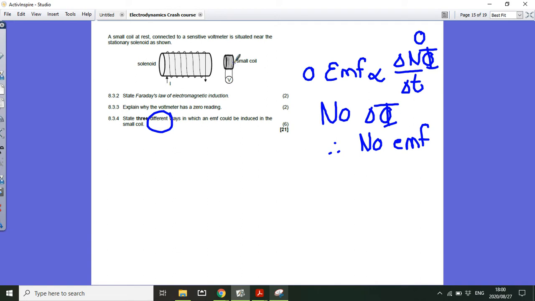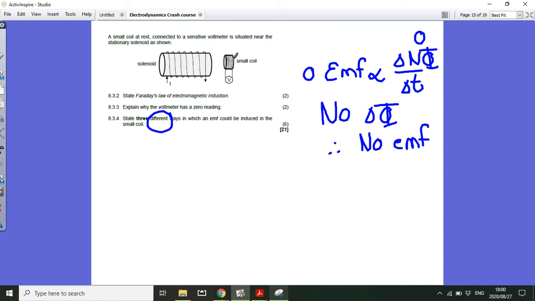You could move this small coil away or towards the solenoid, or you could move the solenoid away or towards the small coil. That would be one way. You have to keep on moving them. If they are moving, then there's a change in magnetic flux, and then there's an EMF induced.